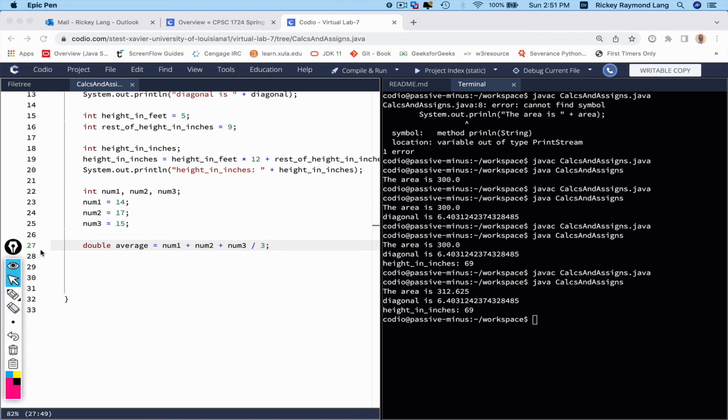So what I need here are parentheses, to make sure things happen in the right order. What's inside the parentheses will happen first. This will be first, this will be second, and this will happen third, which is the order of operations that we want.